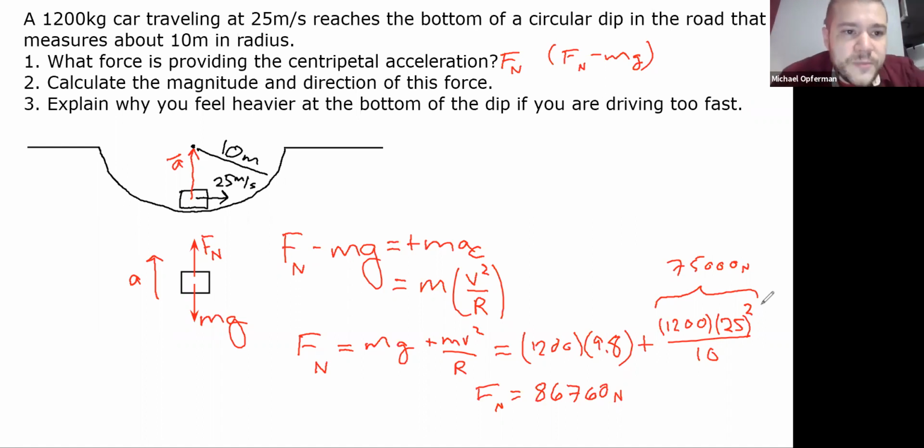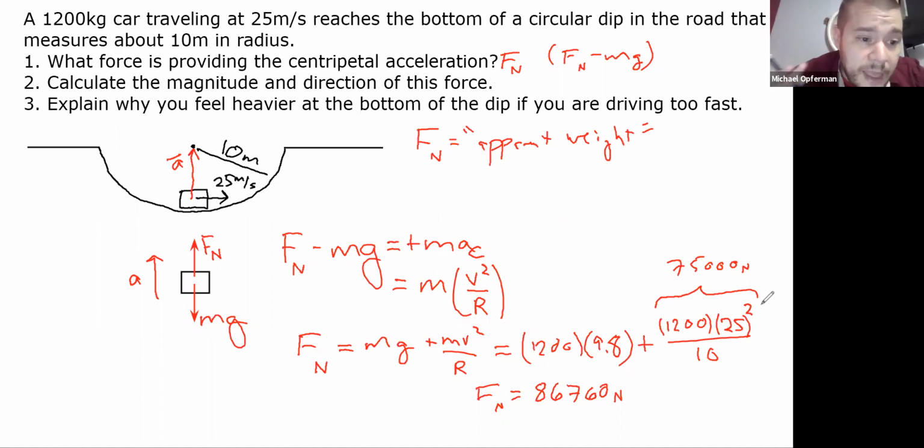Then the last question, a conceptual question: explain why you feel heavier at the bottom of the dip if you're driving too fast. This goes back to the concept of apparent weight that we talked about earlier in the course. The normal force here is also equal to the object's apparent weight, which is how heavy you feel. So really what the question is asking is, explain why the normal force is higher if you're driving too fast.